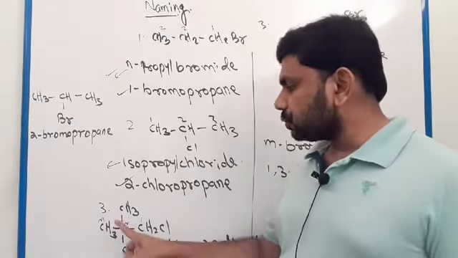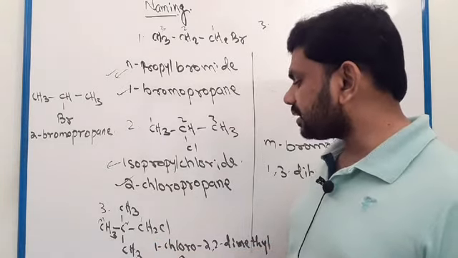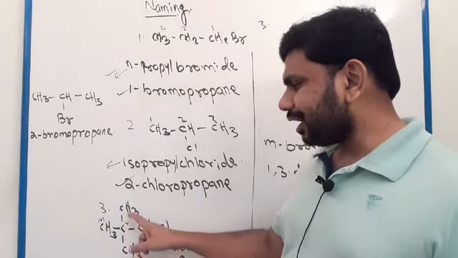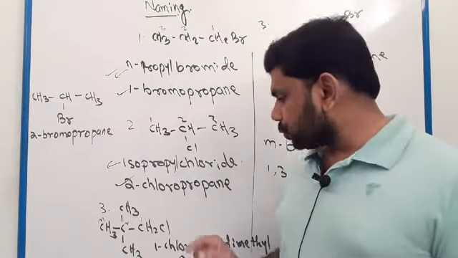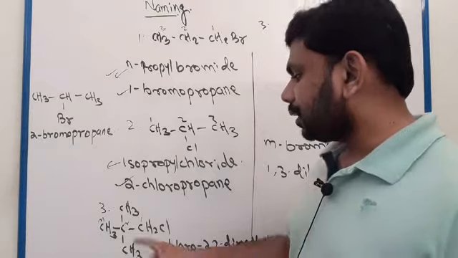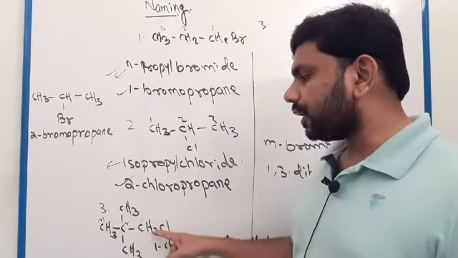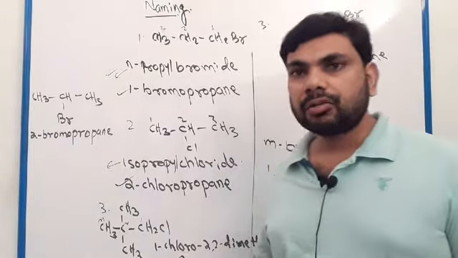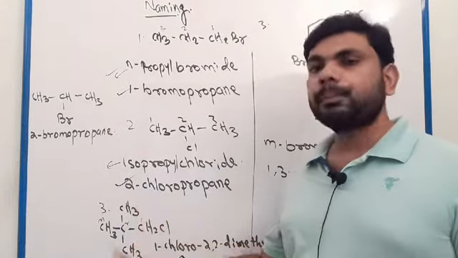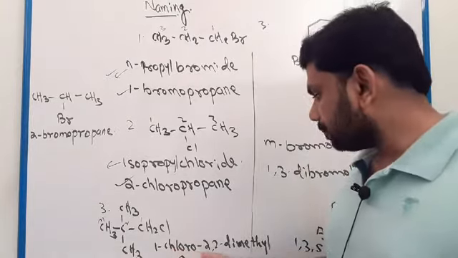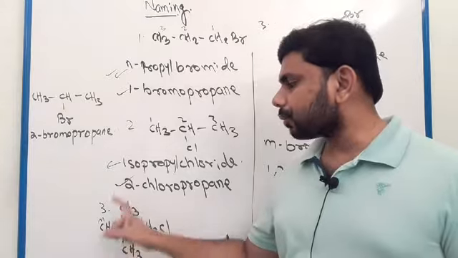Clear? Okay, so here 1-chloro. In the second carbon there are 2 branches, CH3. 1-chloro-2,2-dimethylpropane. This is the IUPAC name for this compound. Clear?